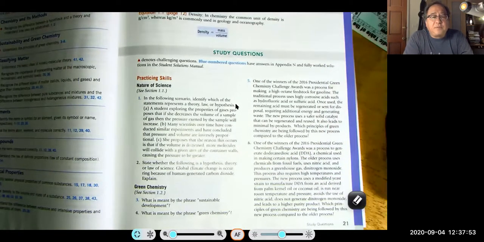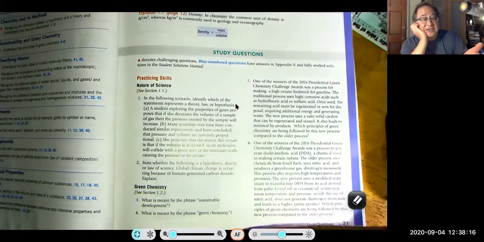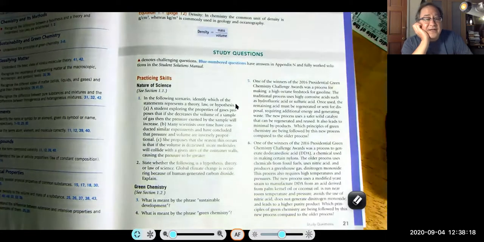How about C? Proposes the reason this occurs is that if the volume is decreased, more molecules will collide with the given area of the container walls, causing the pressure to be greater. Now, that would be something that I would consider to be a hypothesis, actually, because that's something that you might be able to test. How would you test something like that?